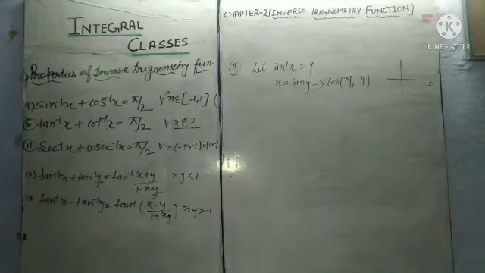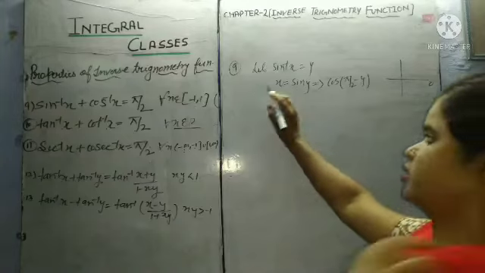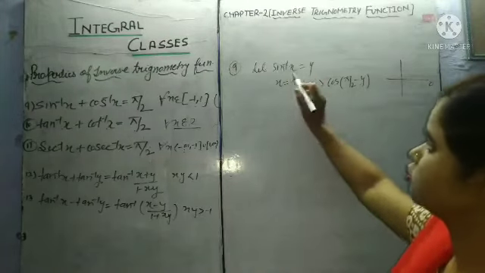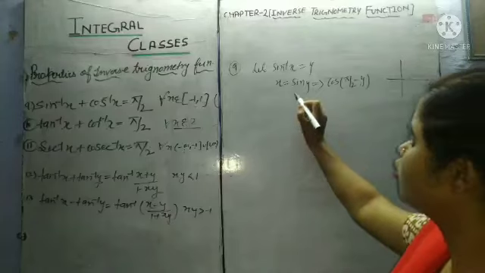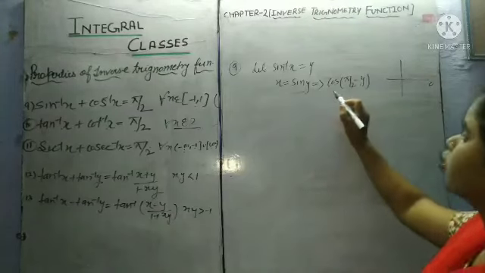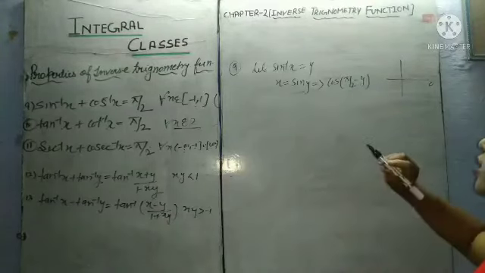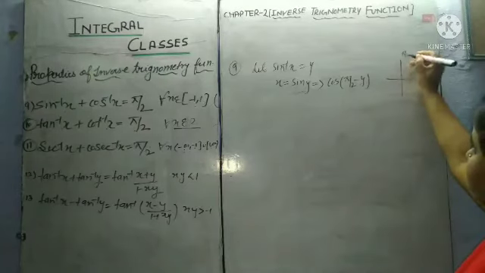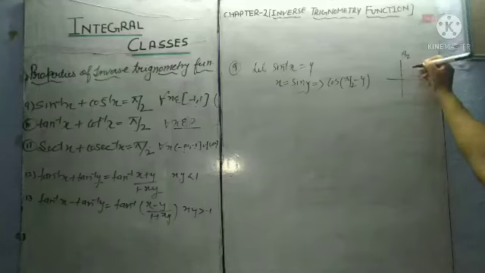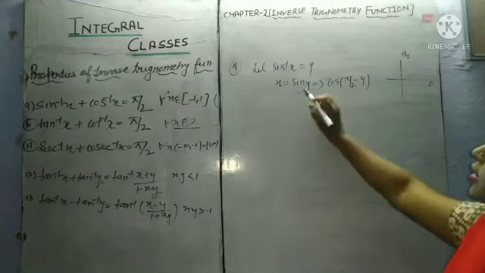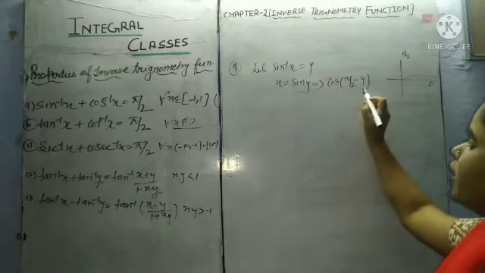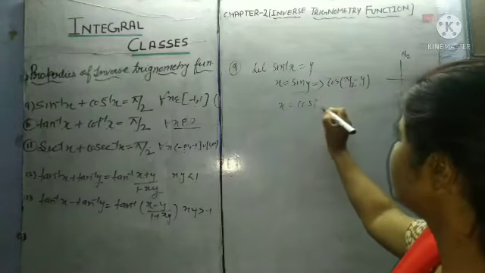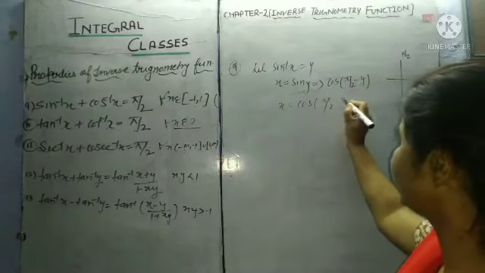So students, now I will explain property 9. Let sin inverse x equal y, then x equals sin y. Now sin y we can write as cos of pi by 2 minus y, because it lies in the first quadrant, and in the first quadrant all are positive. So x equals cos of pi by 2 minus y.